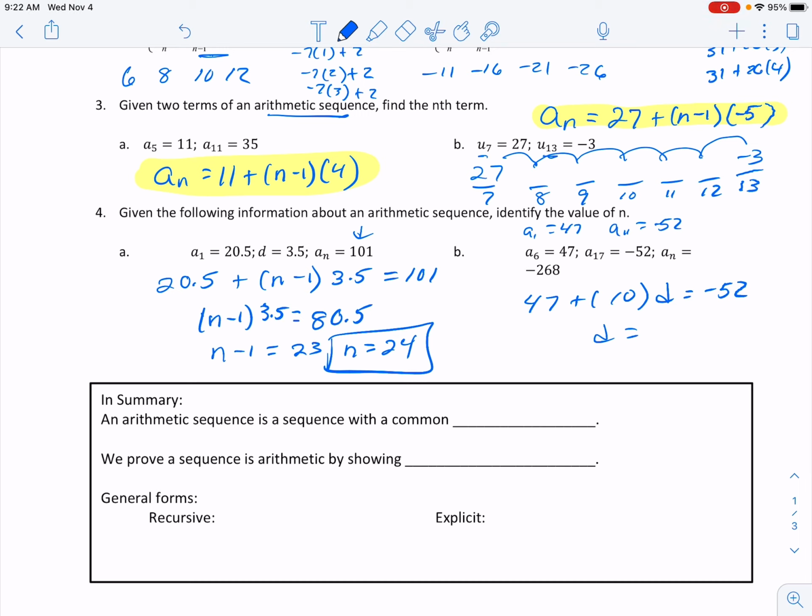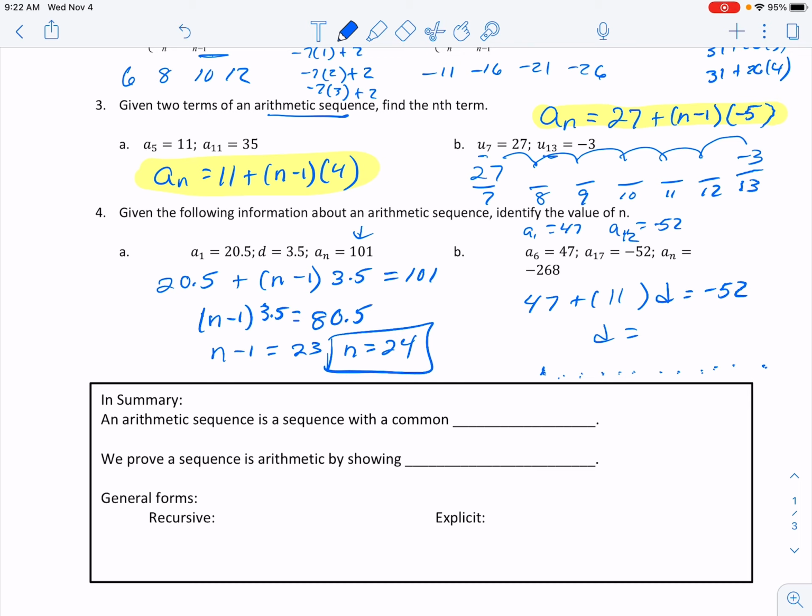No, I think you put in 11, because it goes from 6, 7, 8, right? You go 6, 7, 8, 9, 10, 11, 12, 13, 14, 15, 16, 17. So that's 1, 2, 3, 4, 5, 6, 7, 8, 9, 10, 11. It's 12 terms. So this needs to be 11. I knew something was wrong. Watch that. How do you know if it's n minus 1 or n minus 2? Well, really, this is the 12th term. We lied.